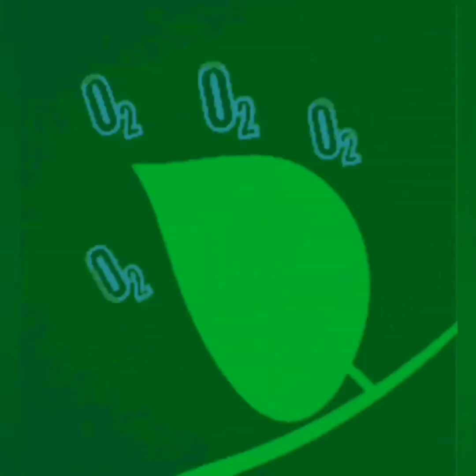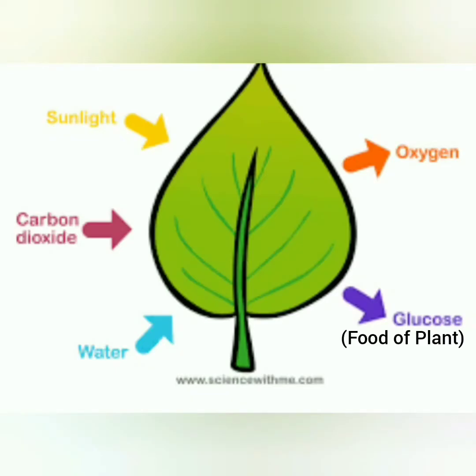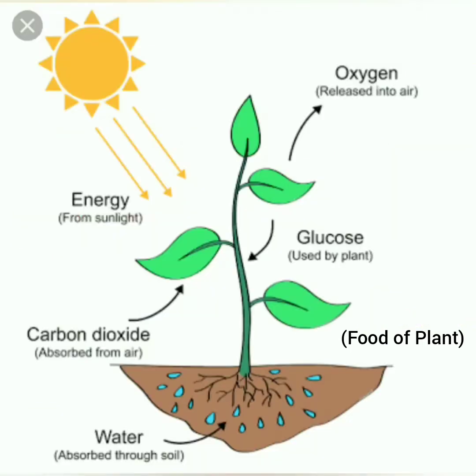This plant food is a kind of simple sugar called glucose. When leaves make food, they give out oxygen. This process of making food is called photosynthesis. Photo means light and synthesis means putting together.